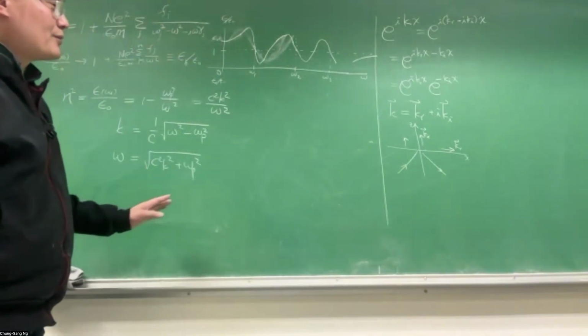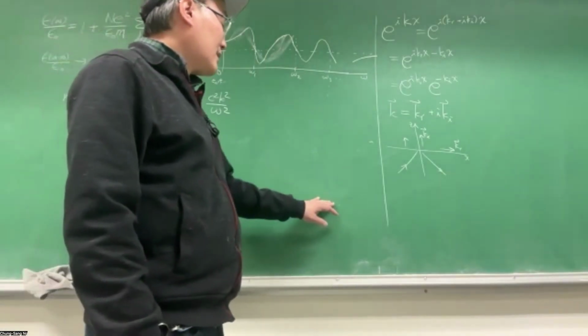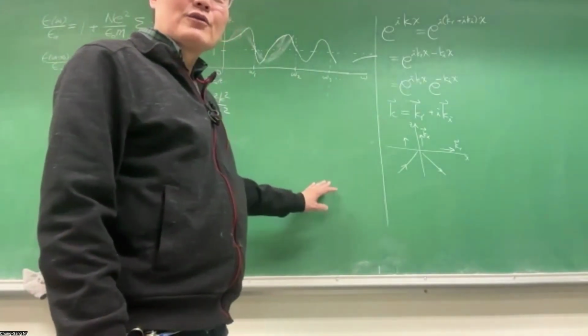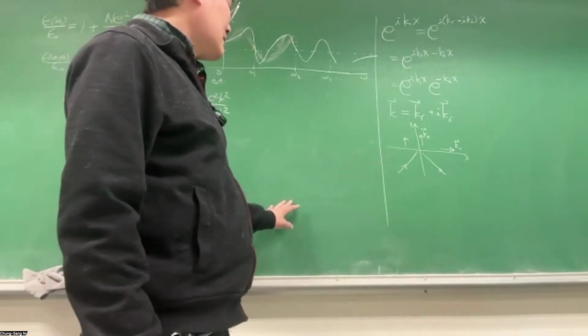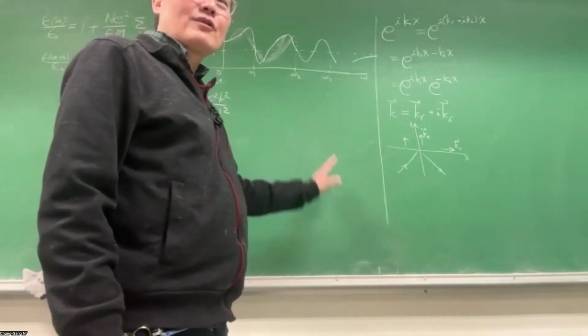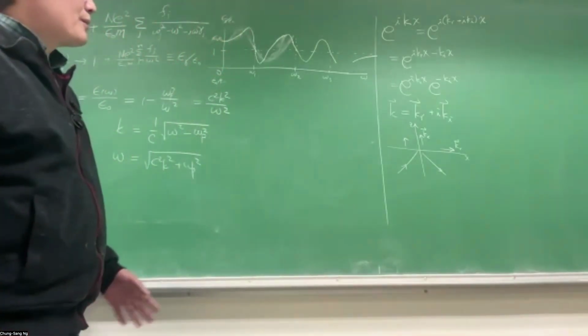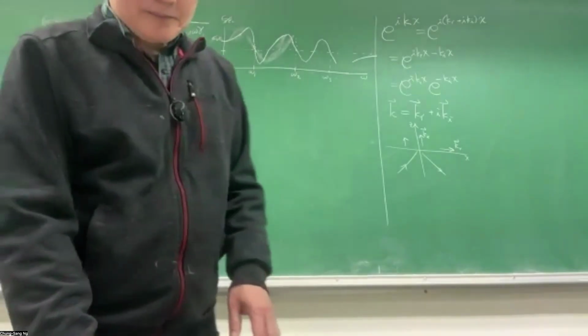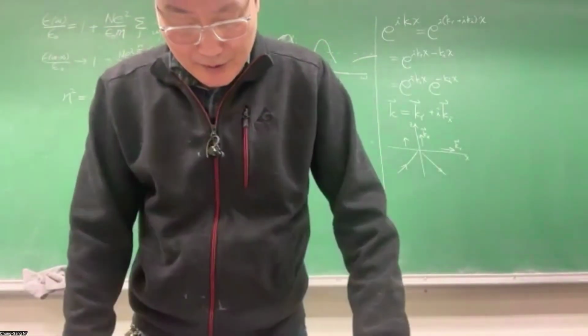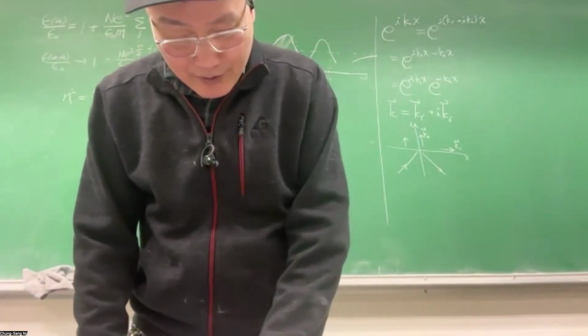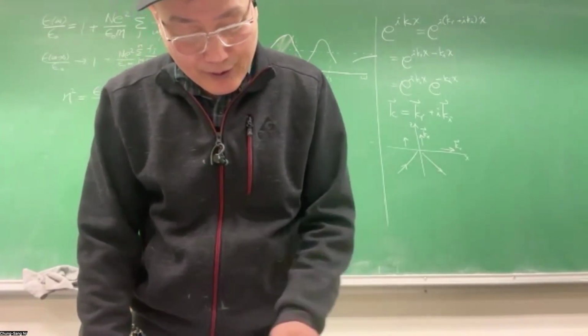You cannot have a medium that has absolutely no absorption at any frequency, except the vacuum. Vacuum has no absorption, but other than vacuum, there must be some absorption. Jackson has this interesting discussion, and you can look at that.